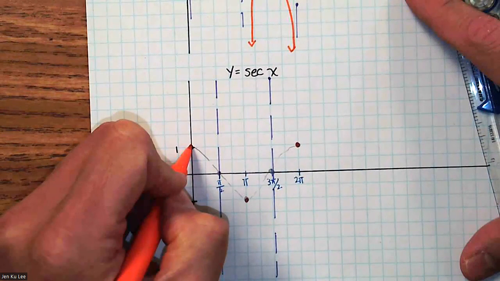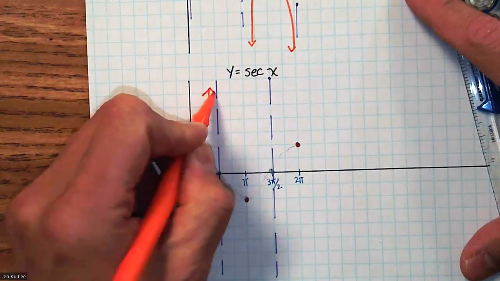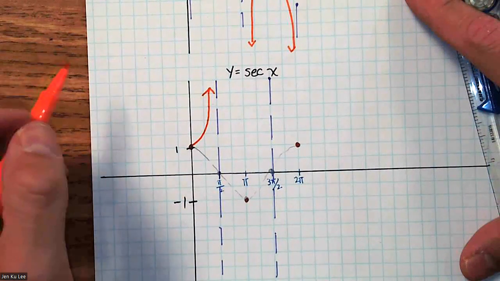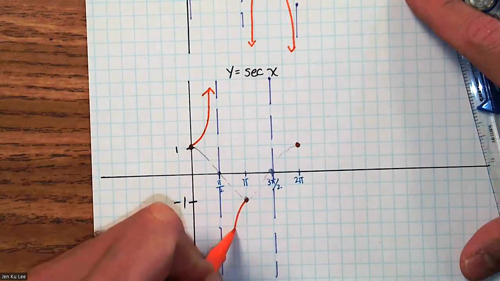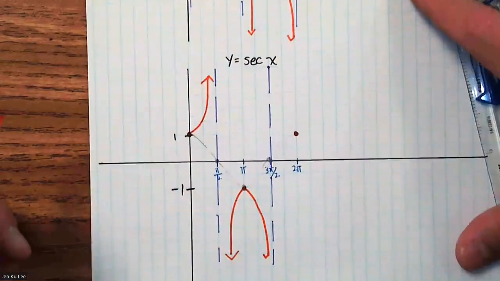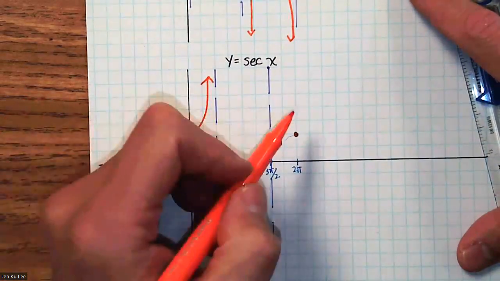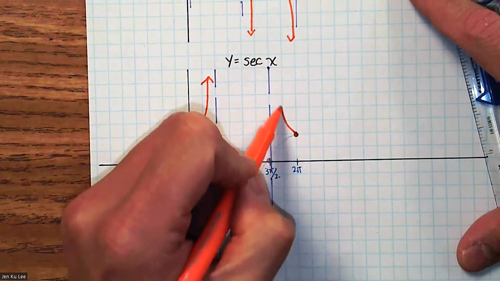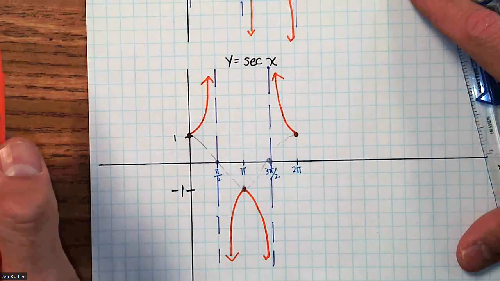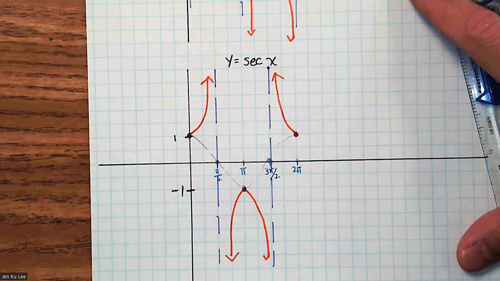So here, I'm just gonna go one side of my parabola towards my asymptote, okay? Here, I can go both sides because both asymptotes are represented. And at 2 pi, I'm just gonna go here. Easy enough? Yeah?